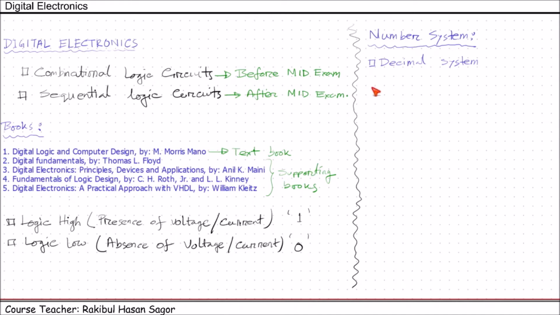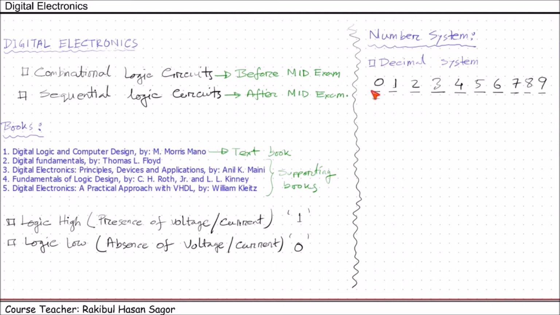For example, in decimal system, we use 0, 1, 2, 3, 4, 5, 6, 7, 8, 9. These numbers are used to represent all the numbers. So each of these numbers is a symbol. How many distinct symbols are there? There are 10 distinct symbols. Using these 10 distinct symbols, we represent all the numbers.